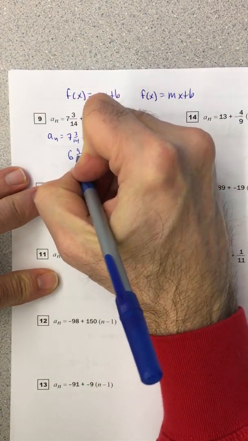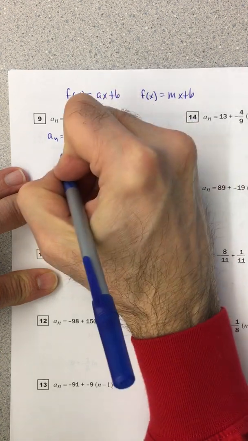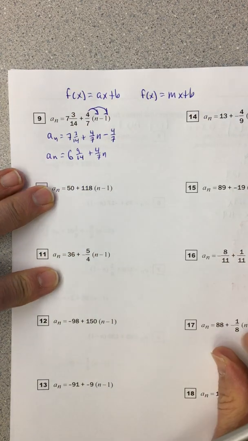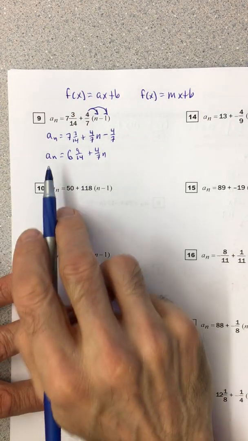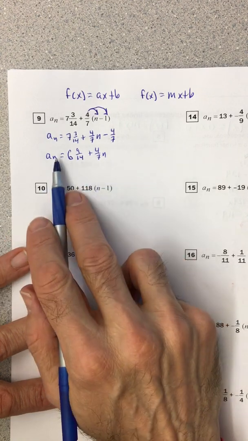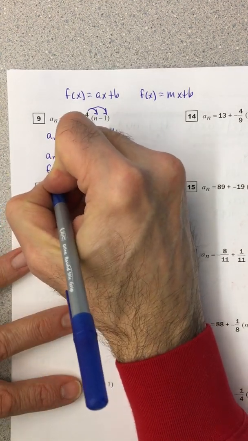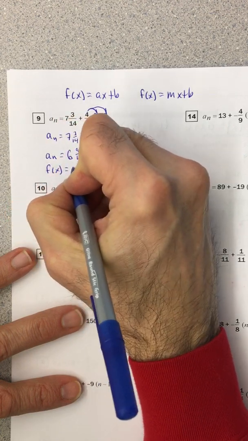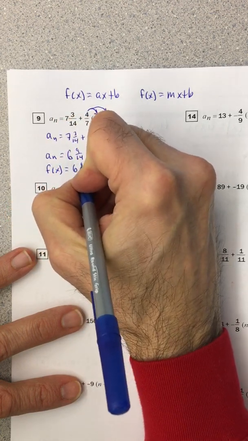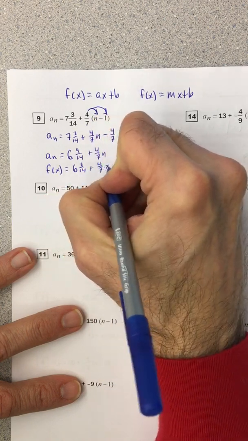6 and 9/14 plus 4/7 n equals an. That's simplified arithmetic sequence. Now I'm going to turn it into a function. f of x equals 6 and 9/14 plus 4/7 x.